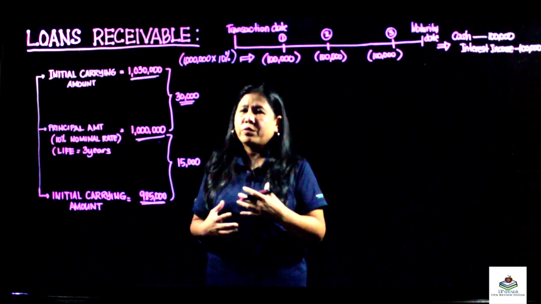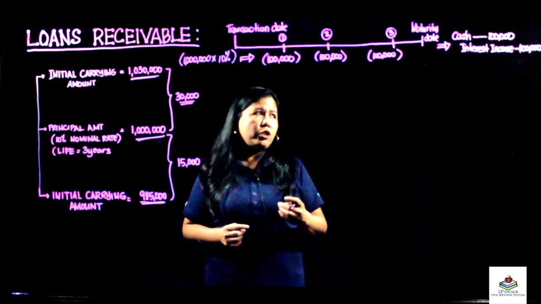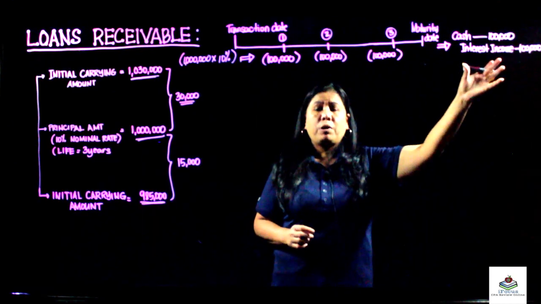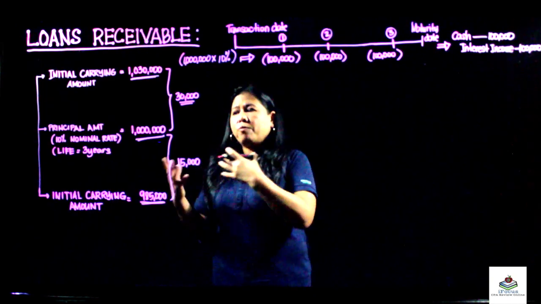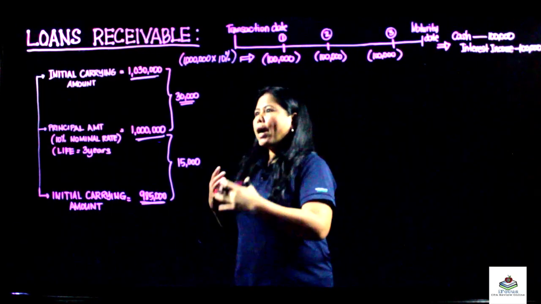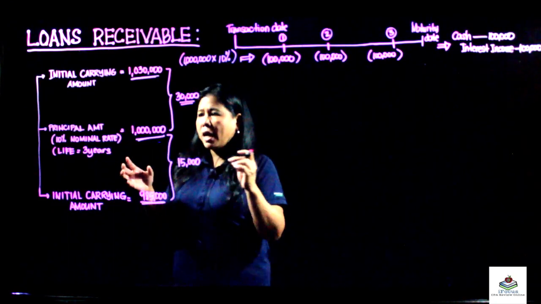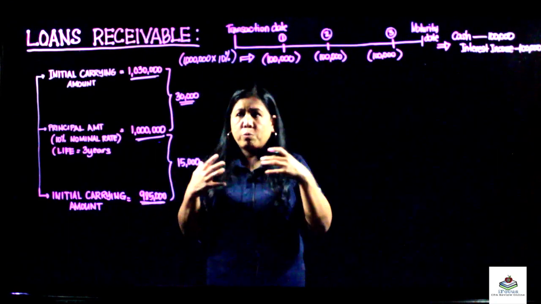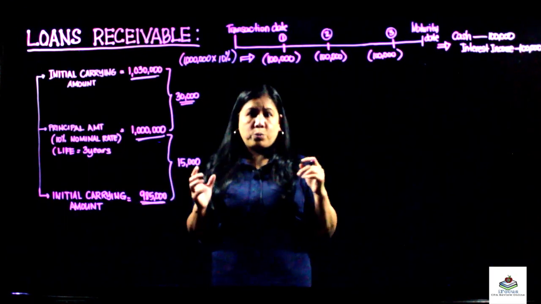So we won't have an amortization. So if we don't have an amortization, then our interest income is the same as the interest we receive from the borrower. But since we have a difference between the initial carrying amount and the principal, we have to amortize this difference over the life of the loans receivable.